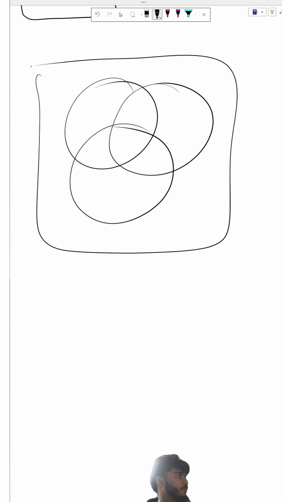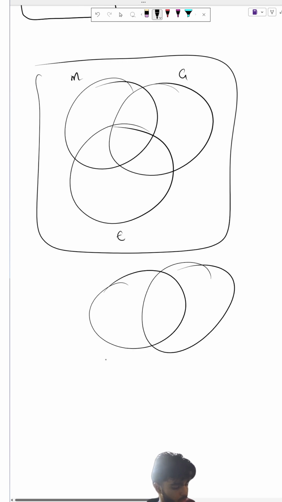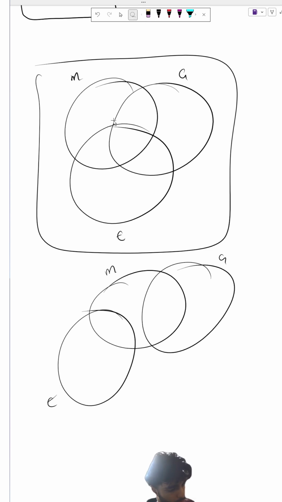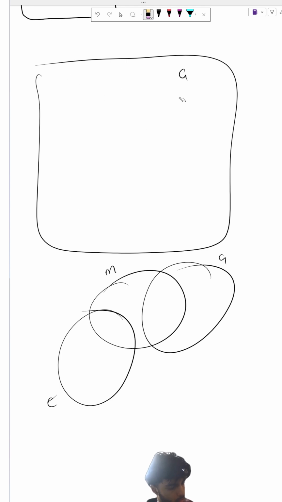M and G, 0.3. M, G, E. M and G in the middle, 0.3. No one reads ghost stories and epic fiction. So it can be like this. Okay. M, E, G. Okay, I'll redraw it like that.